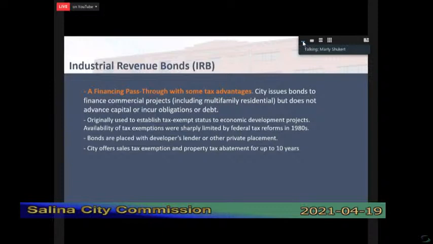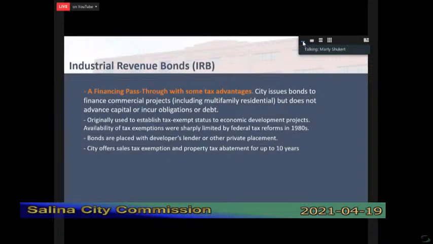They are placed with the developer's lender or another private placement. So ordinarily, the city does not, although it can, issue these bonds as a public offering. Keep in mind, again, that the city does not have a general obligation to pay back these bonds if there's a default. And probably most importantly right now, the city has the ability, and does, as a matter of policy, offer sales tax exemptions and property tax abatement on IRB-financed projects.